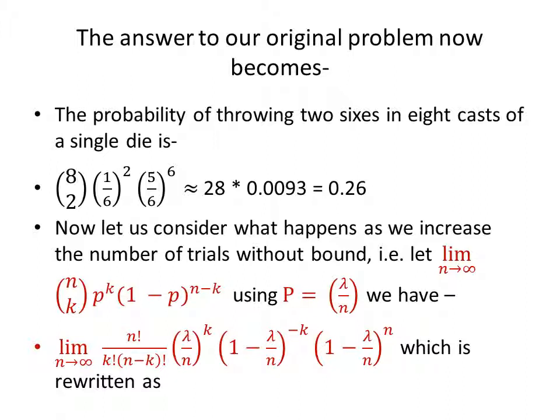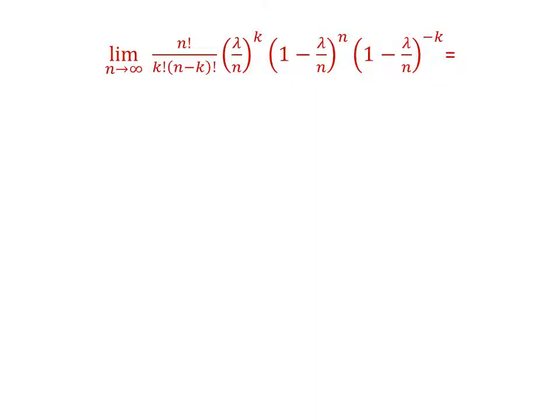And this can be rewritten as the limit as n approaches infinity of n factorial over k factorial times n minus k factorial times lambda over n to the k power times the product of these two factors here. Everything is in terms of n, k, and lambda.